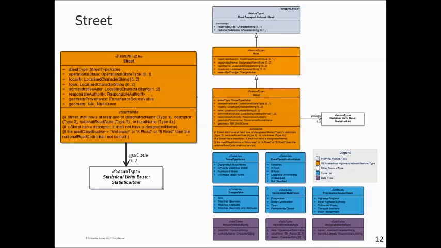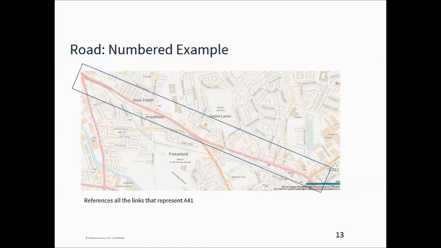I know this has been very technical to explain, but I do have some examples which might make it a bit more clear. In this slide, you can see a road with a numbered example that gives you the collection of road link features that make up the A41 road.